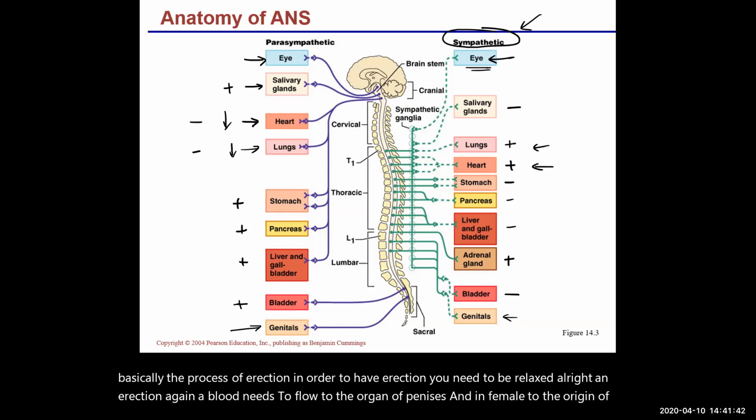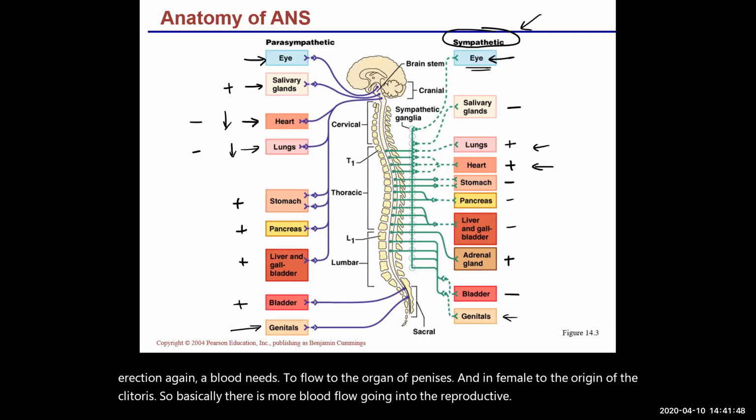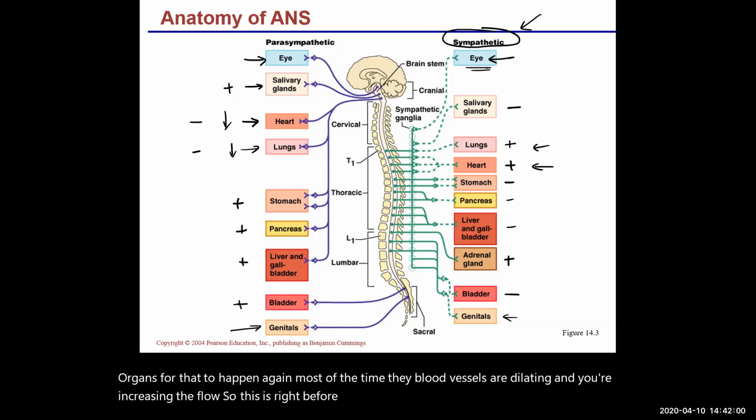So basically, there is more blood flow going into the reproductive organs. For that to happen, again, most of the time the blood vessels are dilating and you're increasing the flow. So this is right before the excitement period and so on.